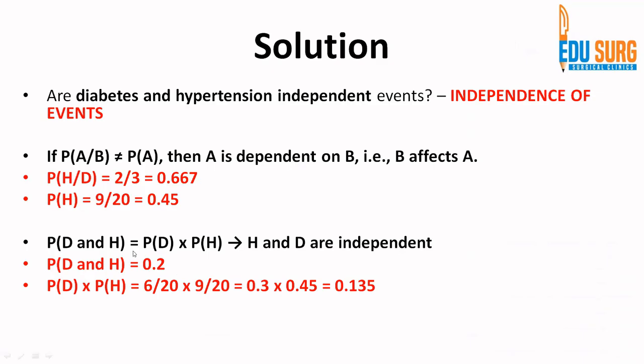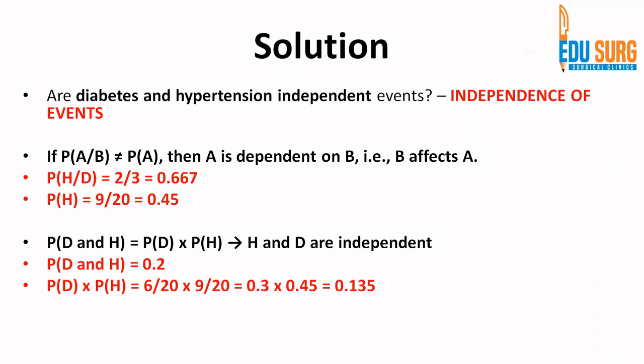So are diabetes and hypertension independent events? Now let us see. What is the probability of hypertension given diabetes? It is 2 by 3. The answer is 0.667. Probability of hypertension alone is 0.45. You can do these calculations from the table. What this means is that P of H given D is not equal to P of H, and so the events are not independent.